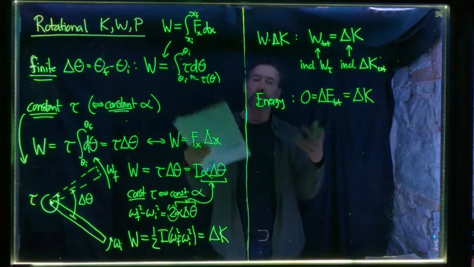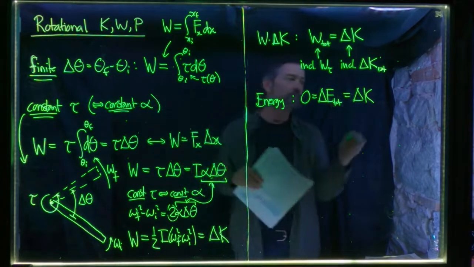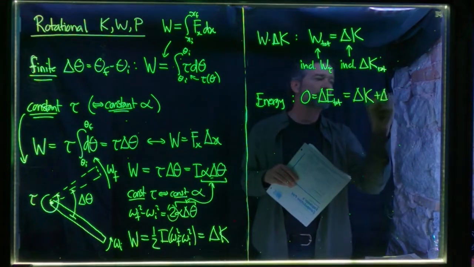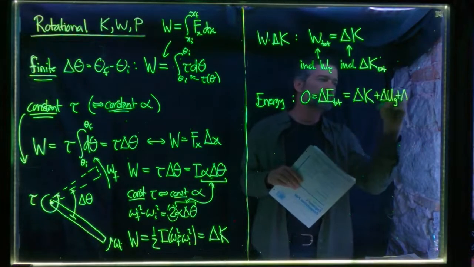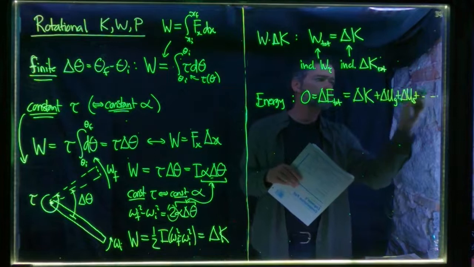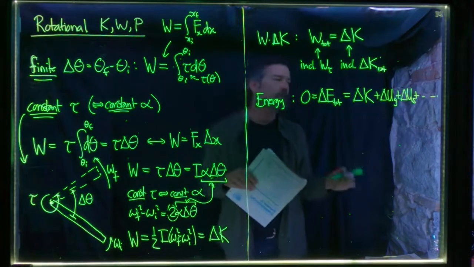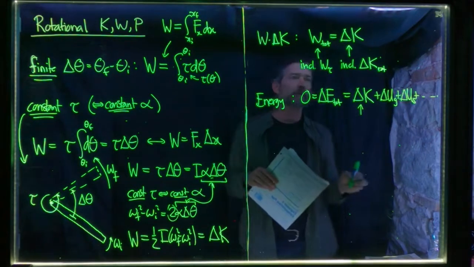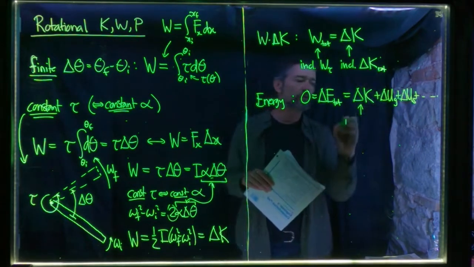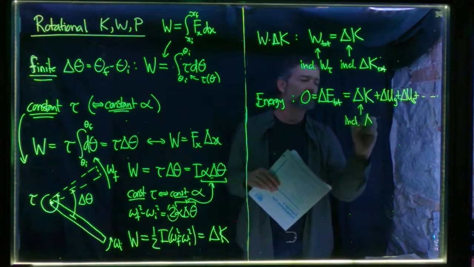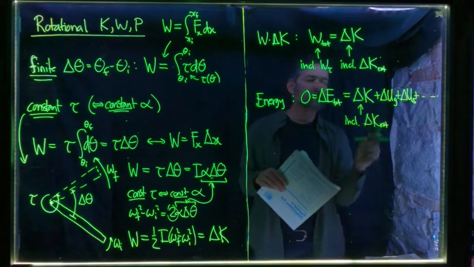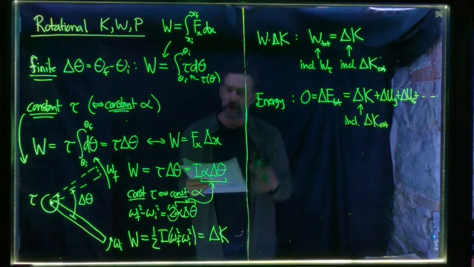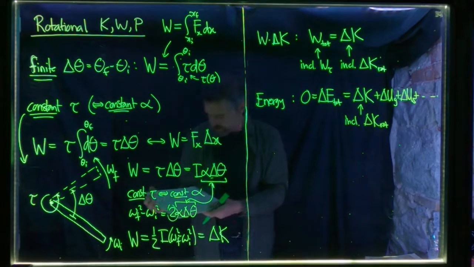Some objects are increasing their energy of motion, some objects are decreasing it, and so on. Plus there could be change in gravitational field energy, plus change in energy stored in springs, dot, dot, dot. Okay? And so what changes here is nothing except in this change in kinetic energy here, we include also changes in the kinetic energy associated with objects rotating, say at different angular velocities.